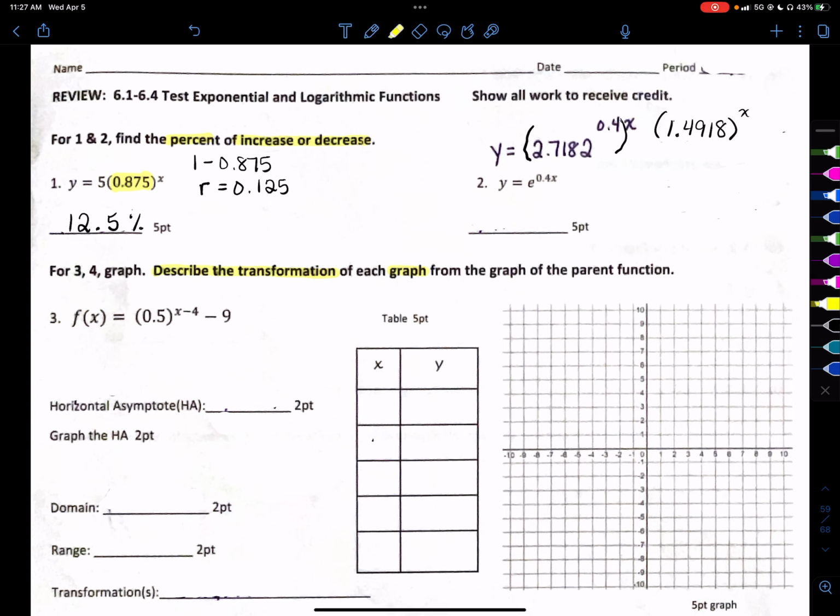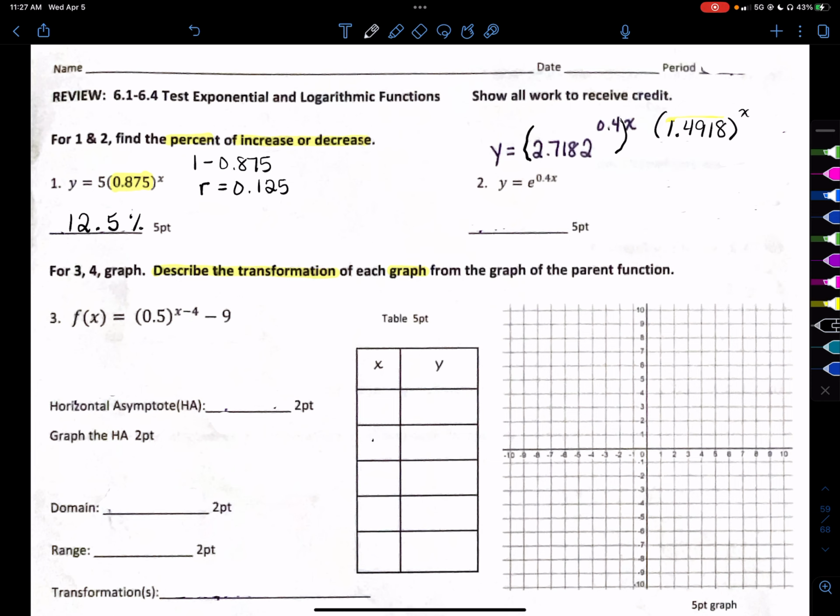Just looking at the base value, that base is a growth. So when we have a growth, we're going to do that value minus 1. Actually, I'm doing it backwards. If you were to do 1 minus this value, it's going to give you a negative value.